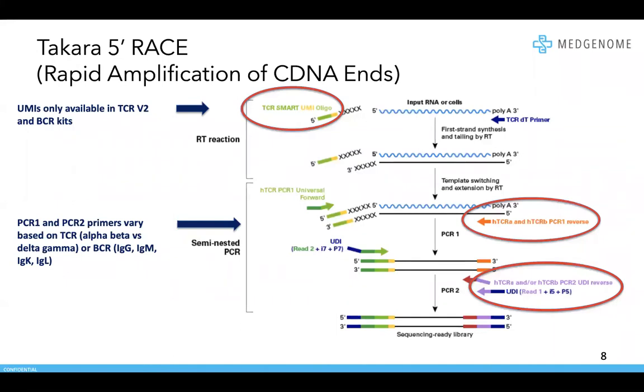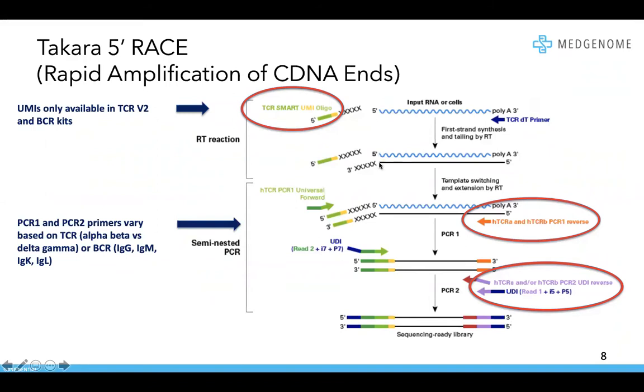And so what happens here, specifically in the TCR and BCR kits, is you start with a primer for reverse transcription, and this is an oligo-dT primer with a tag at the end that has a known primer sequence. Once this primer anneals to the poly-A tail, the reverse transcriptase will transcribe the cDNA until it reaches the end of the molecule.